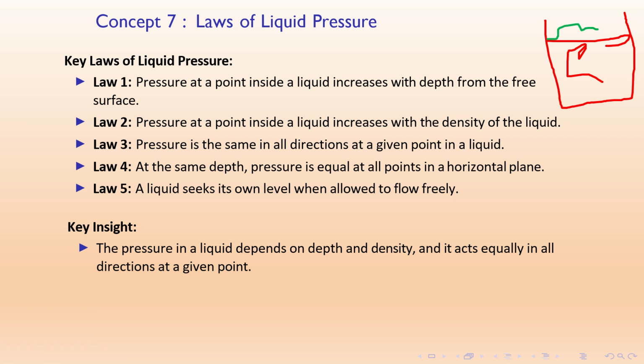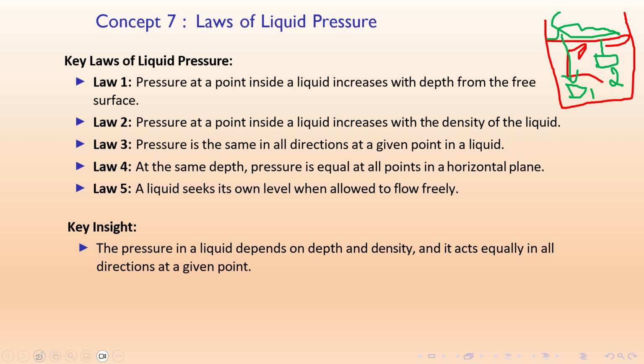From here onwards it is called the free surface, the top level of the liquid. From here, we see how much depth an object is at. If one object is here, this is its depth, and if another object is here, this is another depth. Say this is object 1 and this is object 2. Now we say that object 1 is deeper than object 2. In this way we measure depth from the free surface.